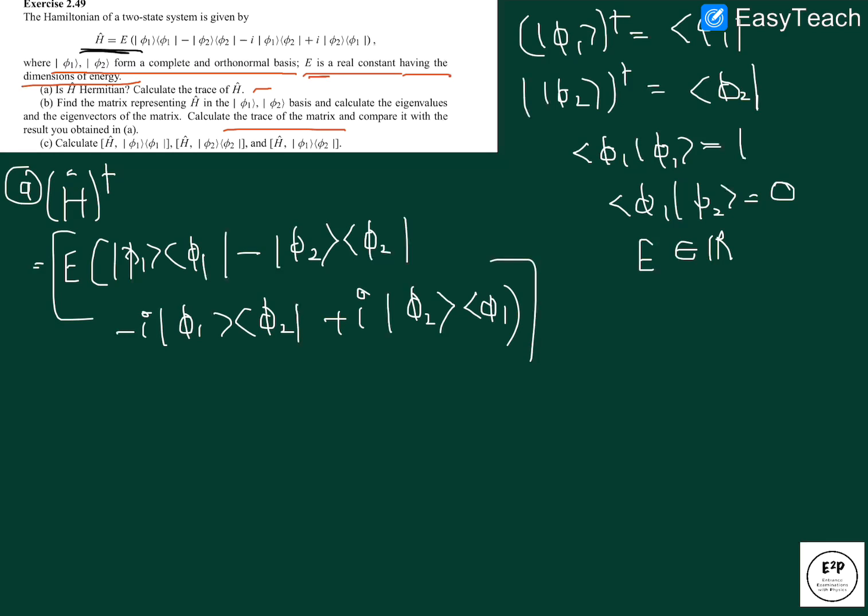Now applying dagger to the whole bracket, we get E dagger into the dagger of each of these quantities.